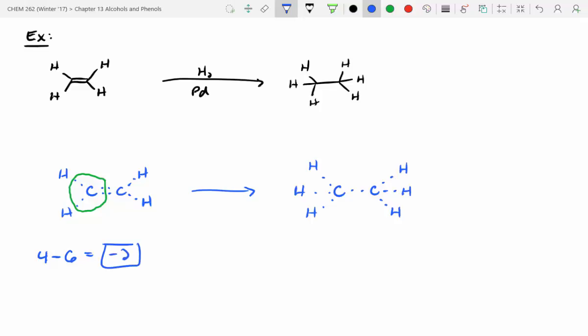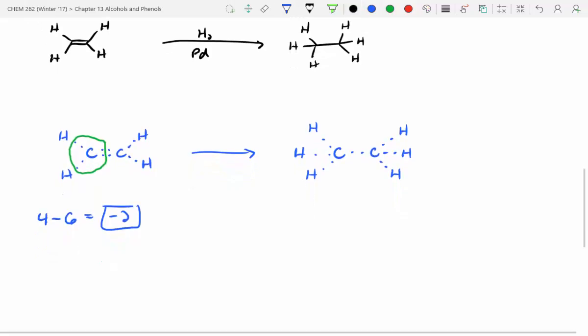What about the other carbon? 4 minus, it's the same, right? So each carbon's -2. No, I'm saying the other carbon in the alkene. All right, so let's do the next one. Same thing, it's a tie.